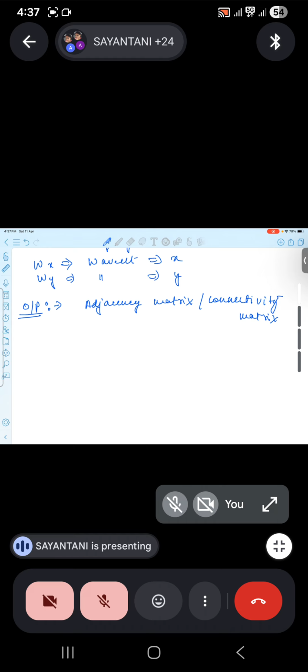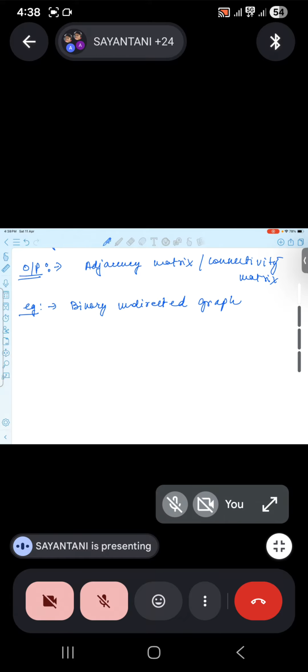So right now the example I'm considering is with respect to a binary undirected graph, just to make the process very simple. For this, the final adjacency matrix can be made in the following way.